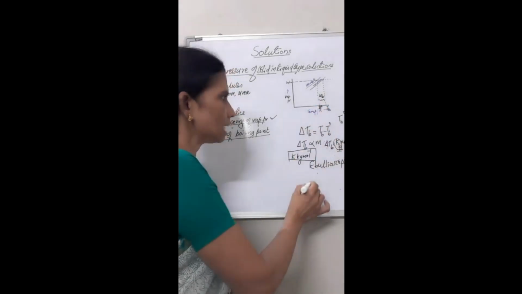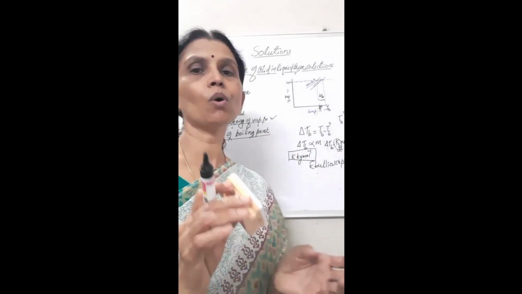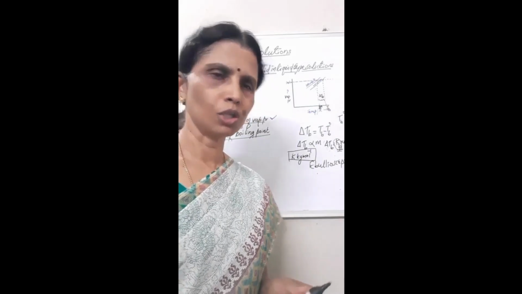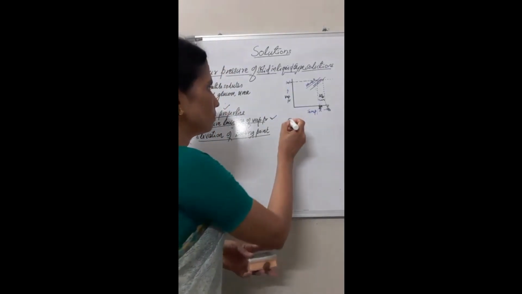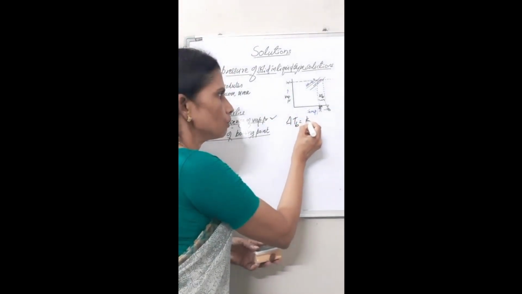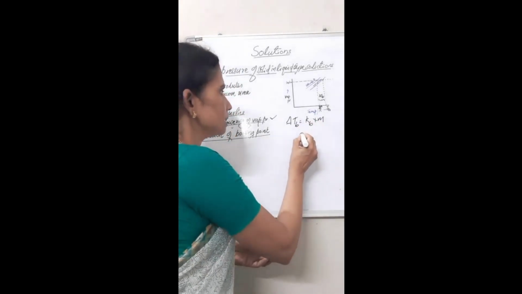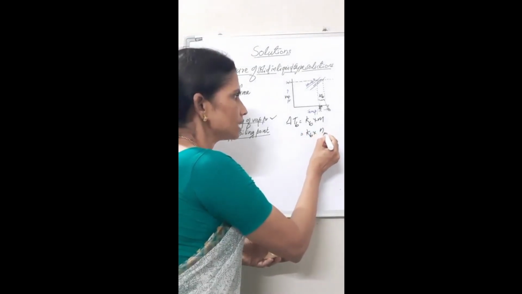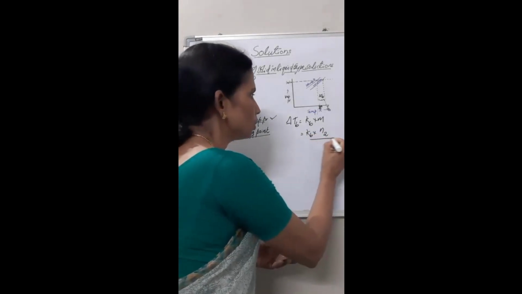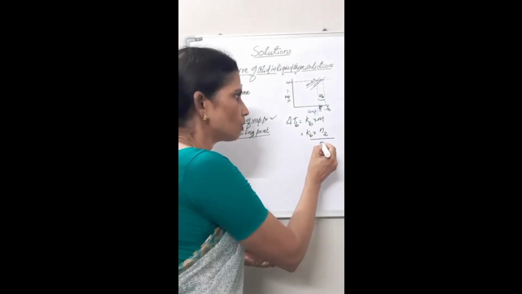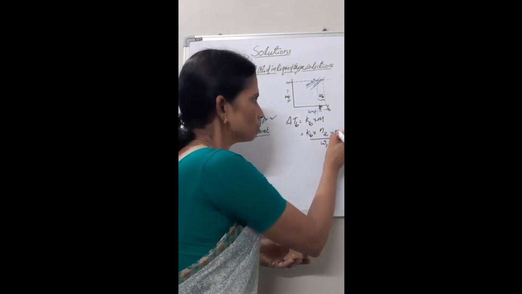And so, using delta TB, like relative lowering of vapor pressure, we can find the molar mass of a non-volatile solute. Delta TB is equal to Kb into m, where m is molality. Substituting for molality, this is equal to Kb into the number of moles of solute, represented by n2, divided by the mass of the solvent, W1, given in grams, into 1000.